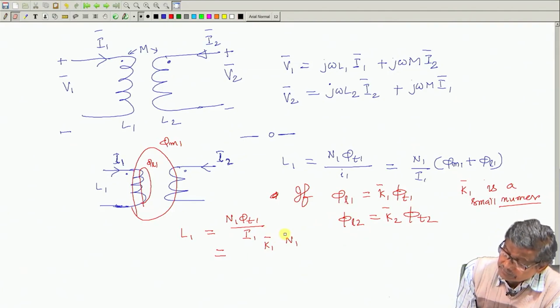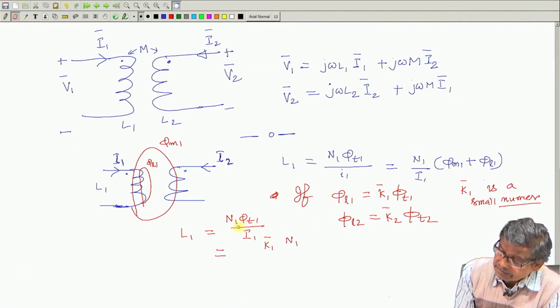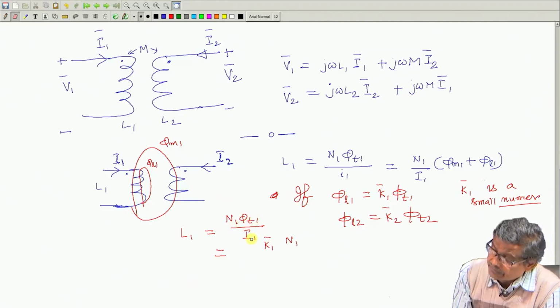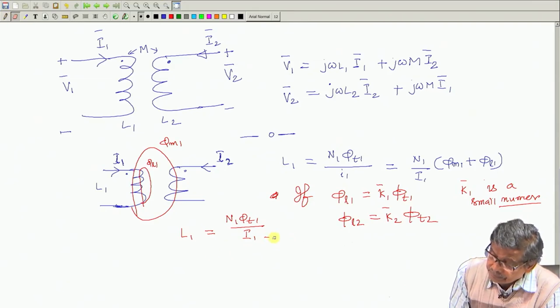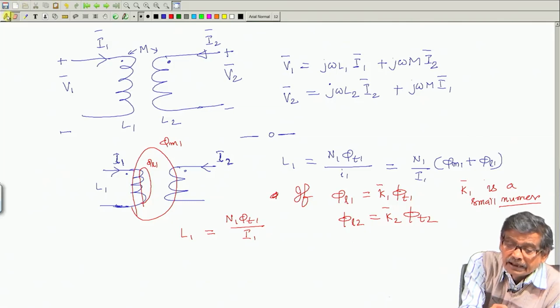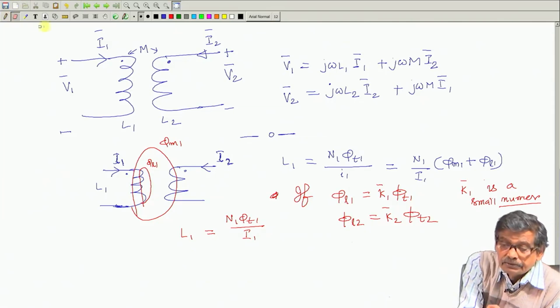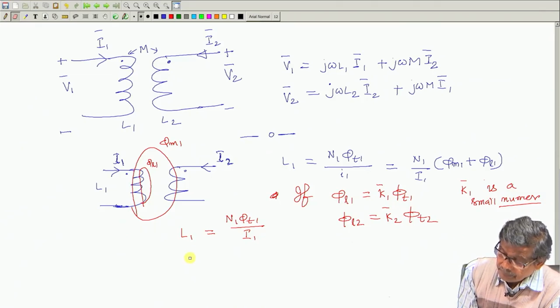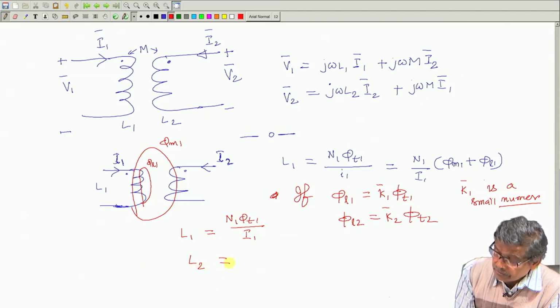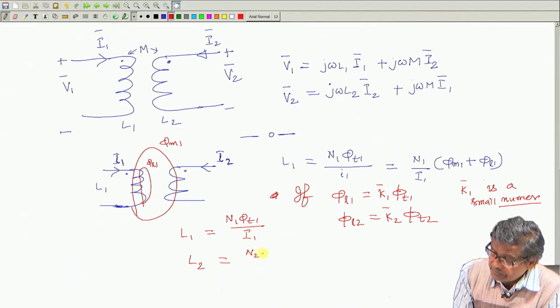What I wanted to tell you is, L1 is N1 phi T1 by I1, and it can be written like that. Similarly, let us write like this, you can write L2 is equal to N2 phi T2 by I2.